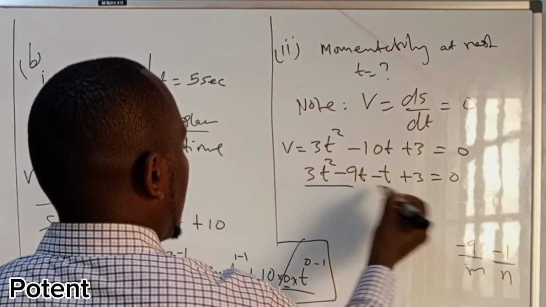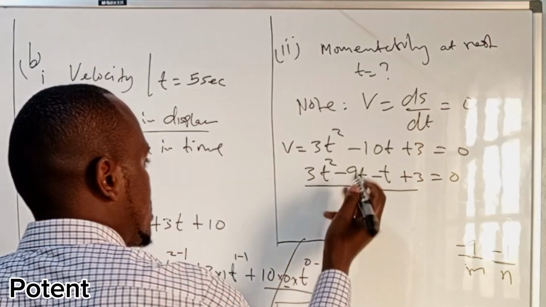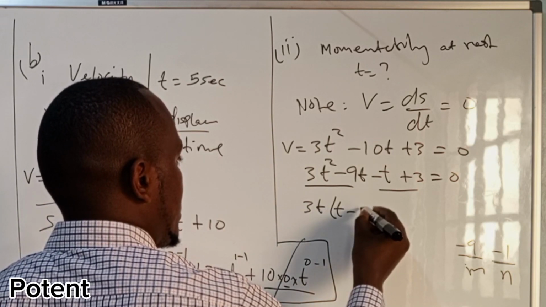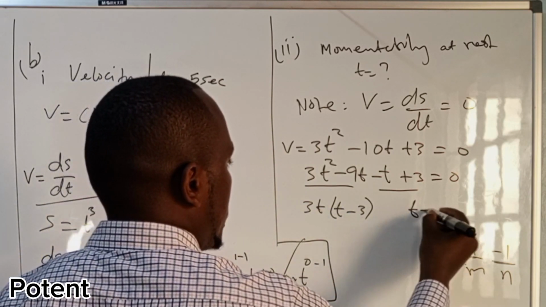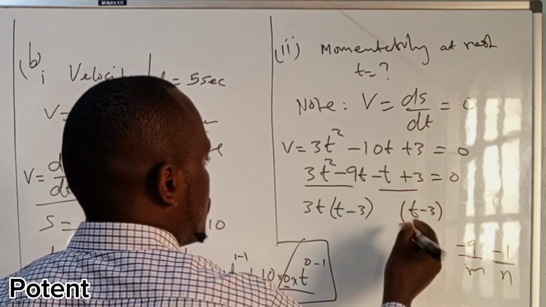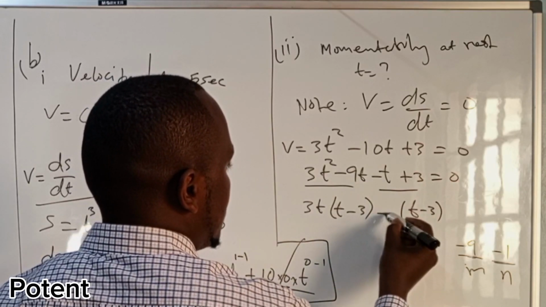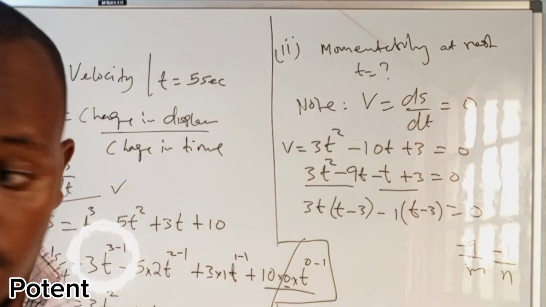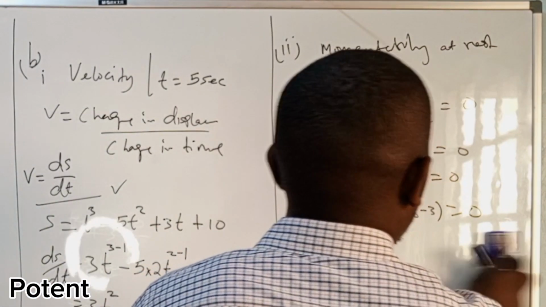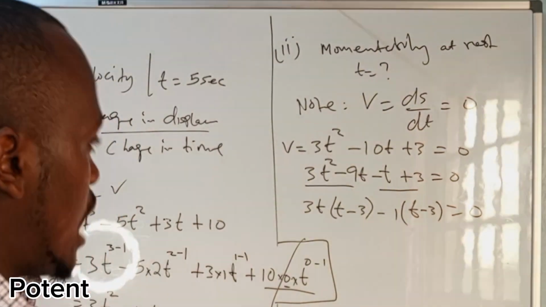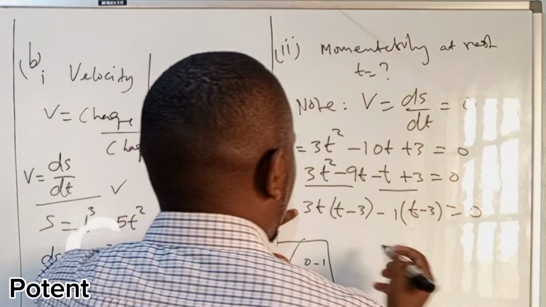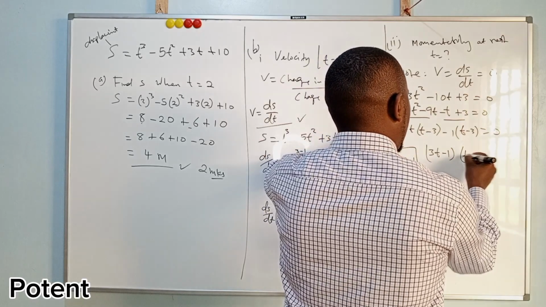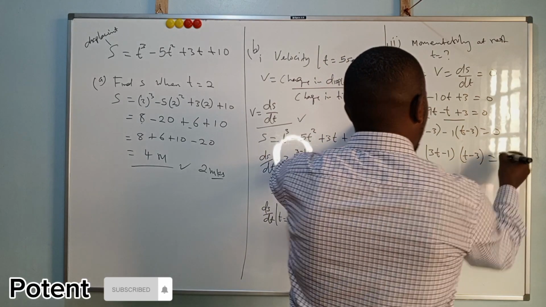Now, factorize. Like terms here, you have 3t, t minus 3. And then t minus 3, you factor in, you will have negative 1 equals 0. Good. Now, 3t minus 1, t minus 3 equals 0.